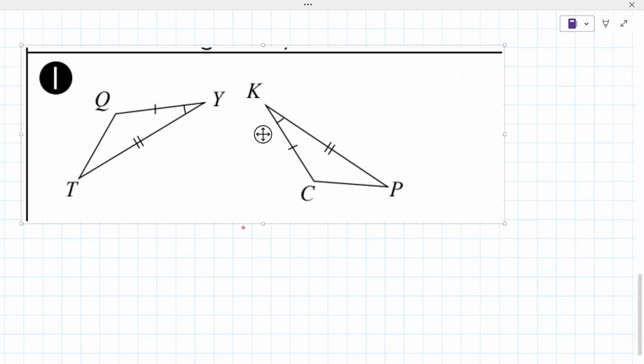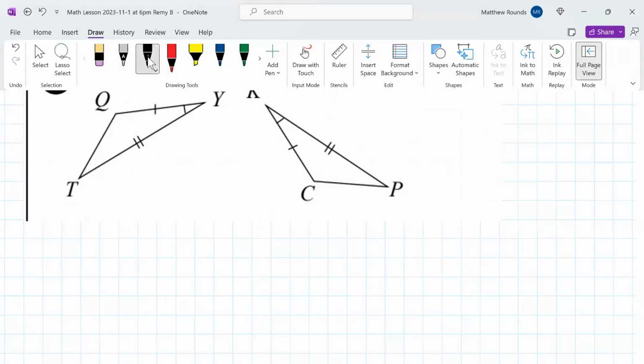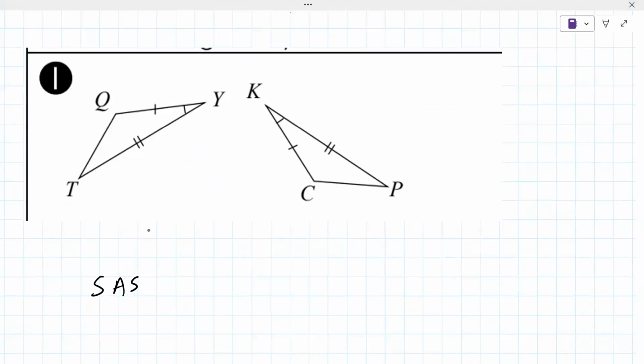All right. So here is a more complicated example. These are congruent by SAS again. See if you can give me the two congruence statements.